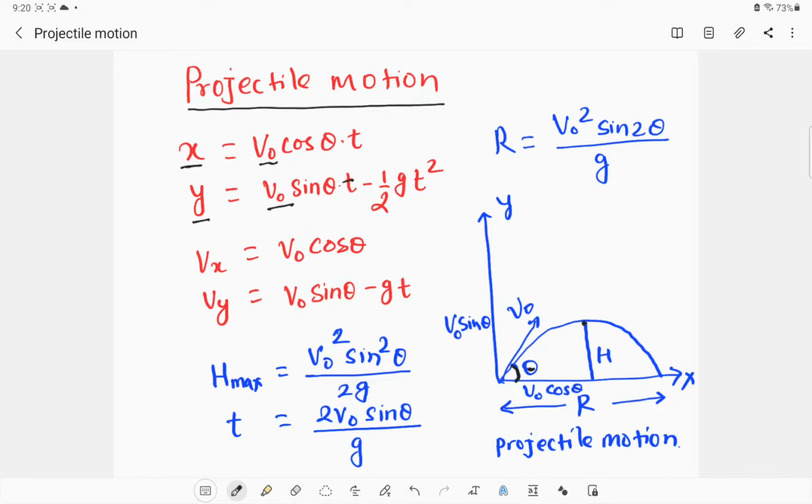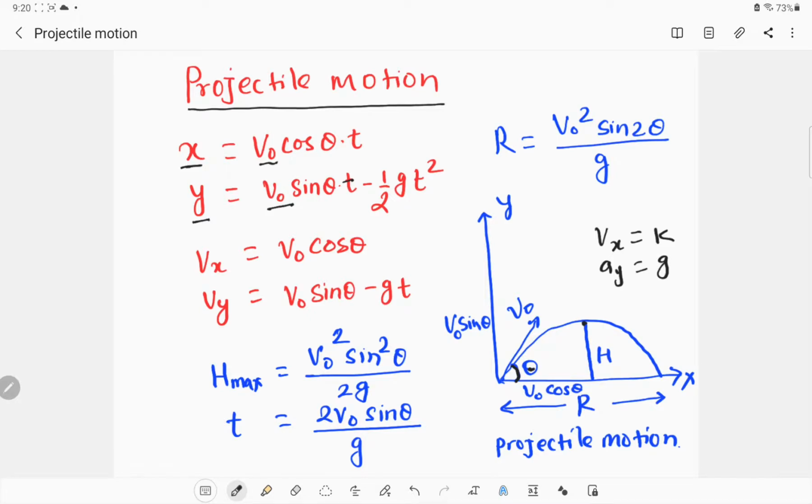Because in the x component, velocity remains constant. Remember here, the velocity along the x-axis remains constant, but the velocity along the y-axis is changing. That's why we say velocity remains constant in projectile motion along the x-axis, and acceleration remains constant along the y-axis, right?